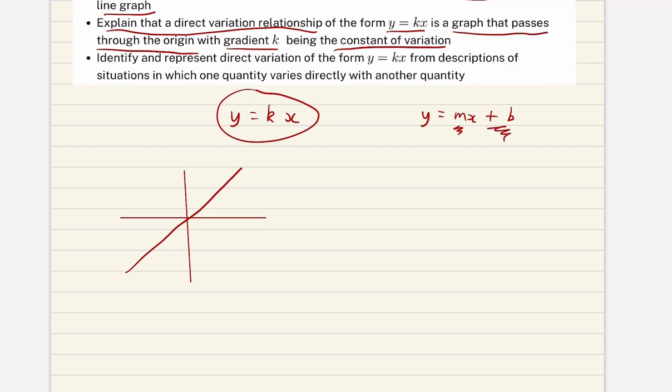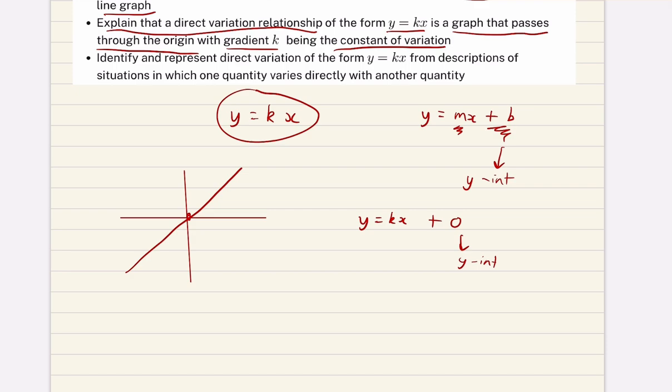If you recall from my linear modeling video, the constant b on the end always represented our y-intercept. But since we're not adding or subtracting any constant, our y-intercept is 0, because it's the same as having y equals kx plus 0. So 0 is our y-intercept, which is clearly going to be at the origin. So that's a bit of an explanation as to why that is.